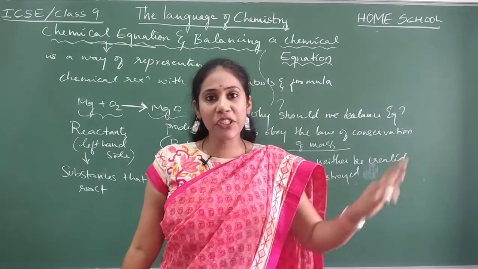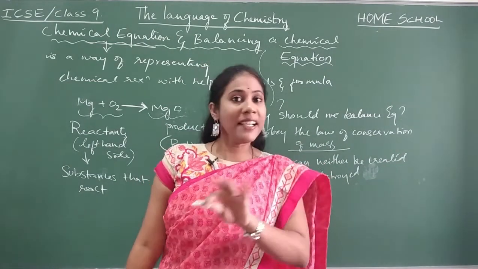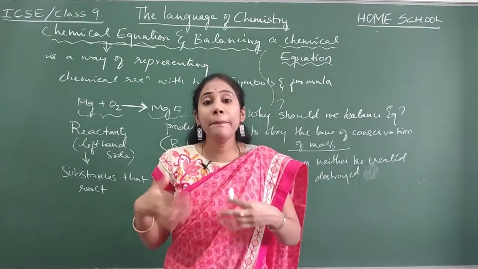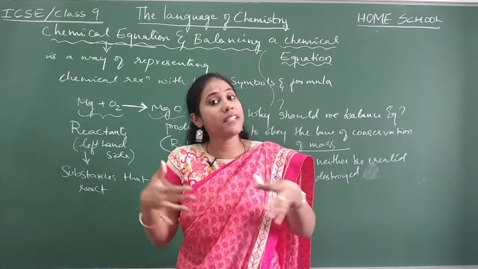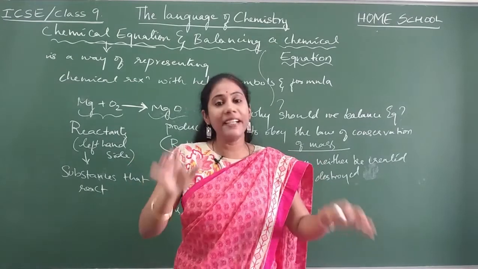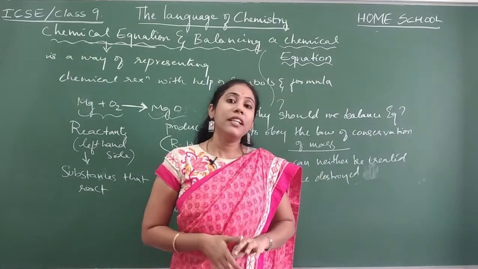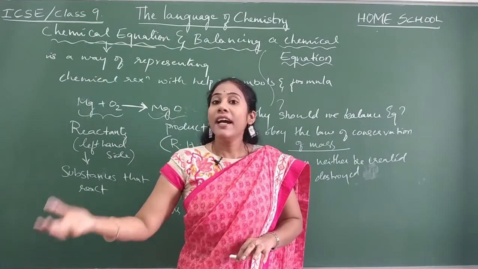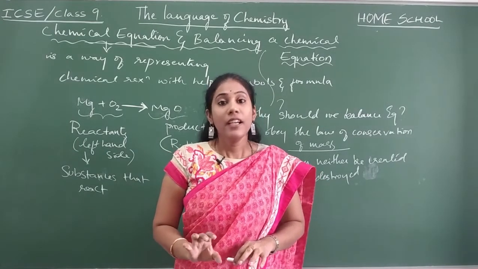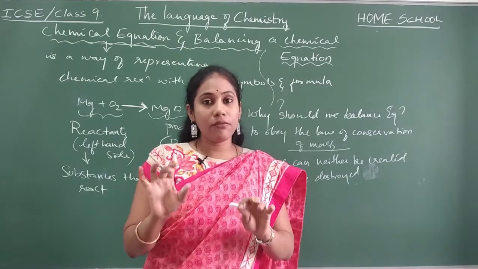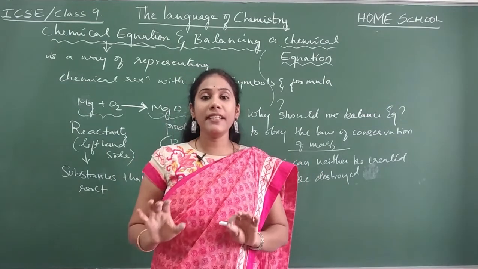Its form may be changed, its originality may be changed, but the number of atoms of Mg has to be retained. That means its mass has to be retained in a chemical reaction. It cannot be destroyed and it cannot be created extra also. Okay, so that is the reason we have to balance a chemical reaction.